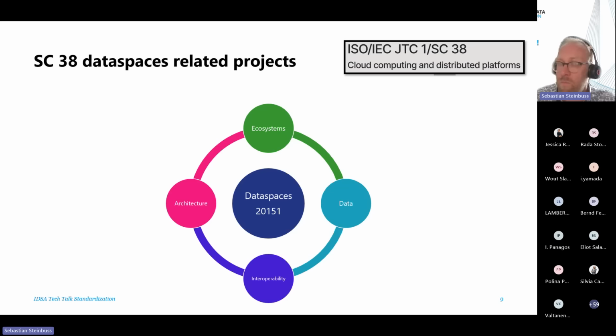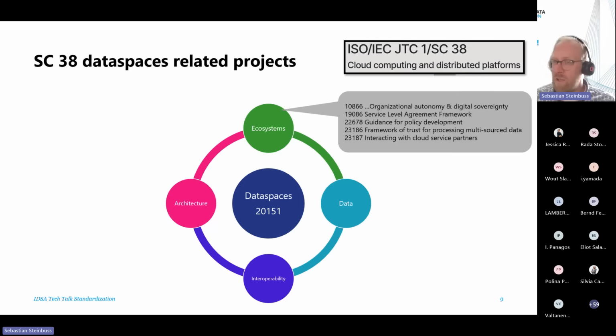What we're doing beyond the 2151: I said in the beginning, we have a couple of existing standards that we can utilize when it comes to ecosystems, to data, to interoperability or architecture. So you see there are a lot of standards already existing, starting with 10866. I mentioned this before, on organizational autonomy and digital sovereignty, service level agreement frameworks, guidance for policy developments, and interacting with cloud service partners.